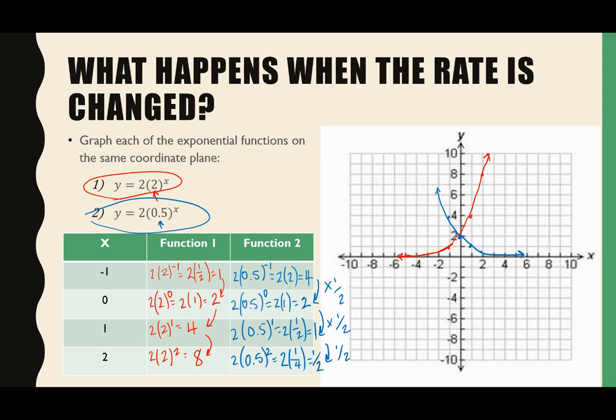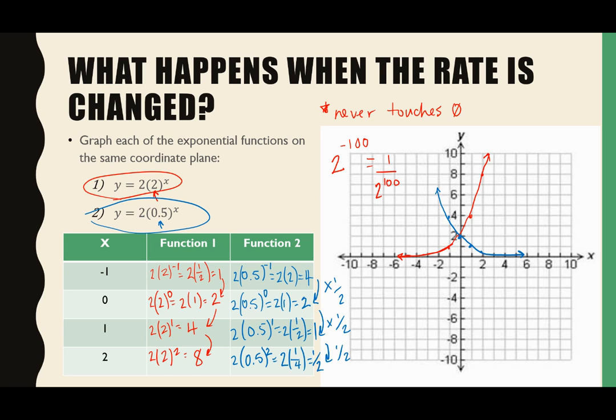And why is that the case? You might want to jot that down or commit that to memory. Never touches 0, or in other words, it approaches 0. Why is this the case? Because what you need to remember is negative exponents do not mean negative answers. They mean fractions.